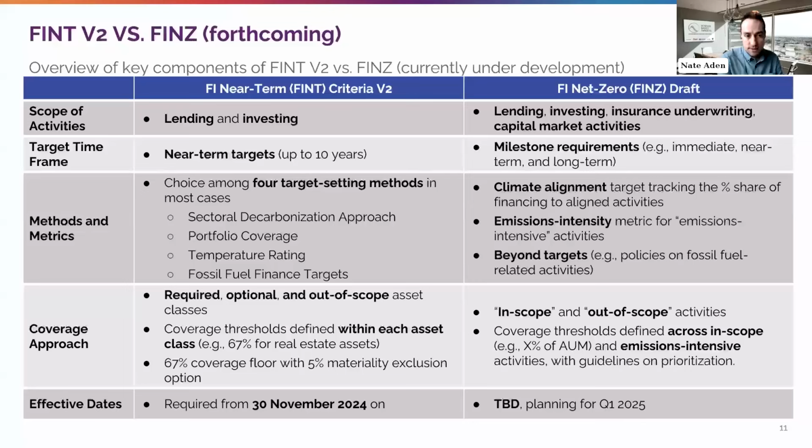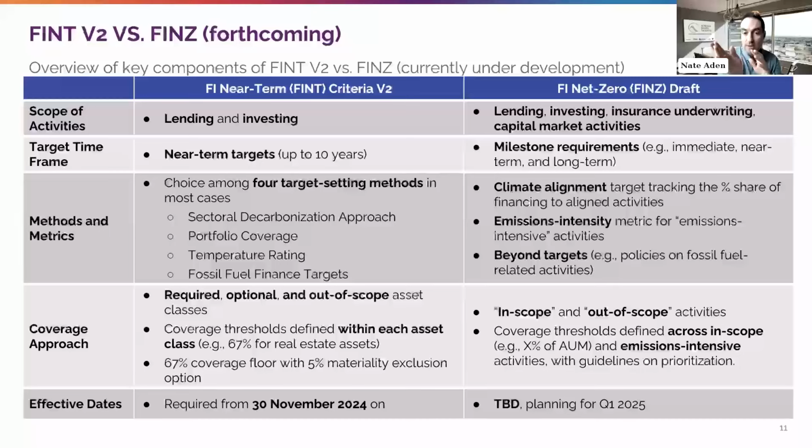The table on this slide compares the near-term criteria, which we call FINT v2, versus the net zero standard, which we call FINS with a Z. In terms of the scope of activities, the major difference here is that we've broadened beyond the FINT v2, which just covers investment and lending activities, to also include capital markets and insurance underwriting for the FINS standard.